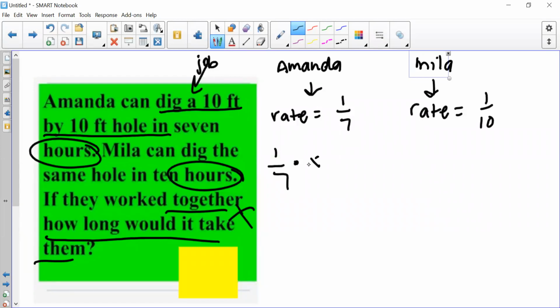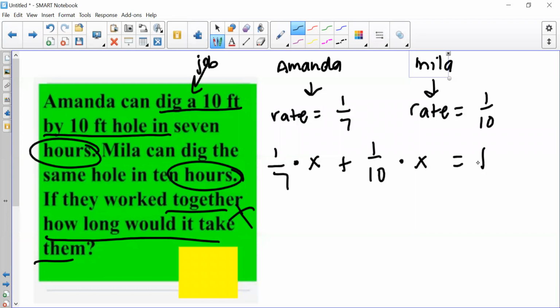So we are solving for their time together. Plus Mila's rate. And then again, we do not know the together time. That's what we're solving for, so that's X. And it equals 1.